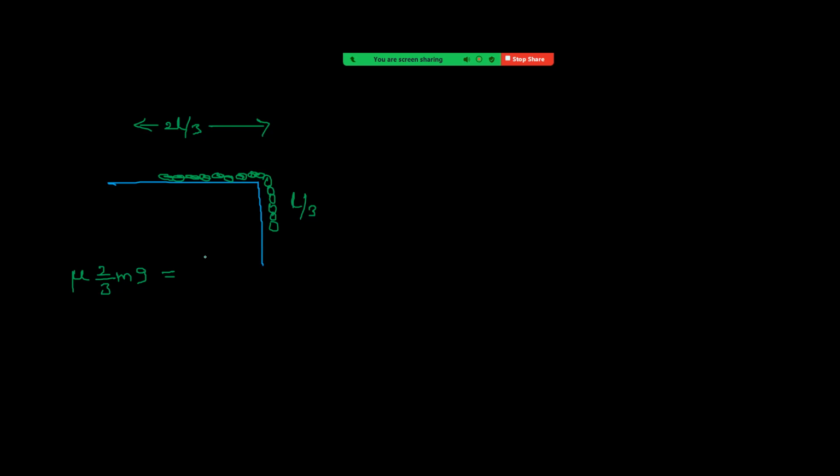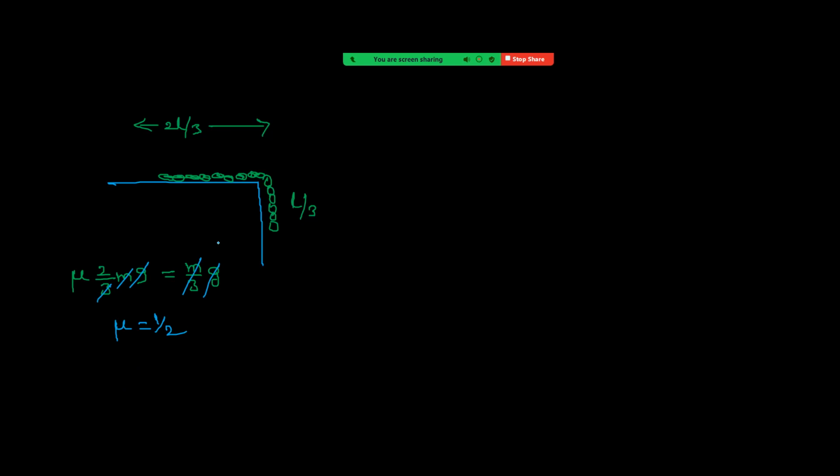That is balanced by the weight of the hanging part of the chain, that is m by 3 into g. From this we are going to get the value of mu. So from this, the mu value is half.